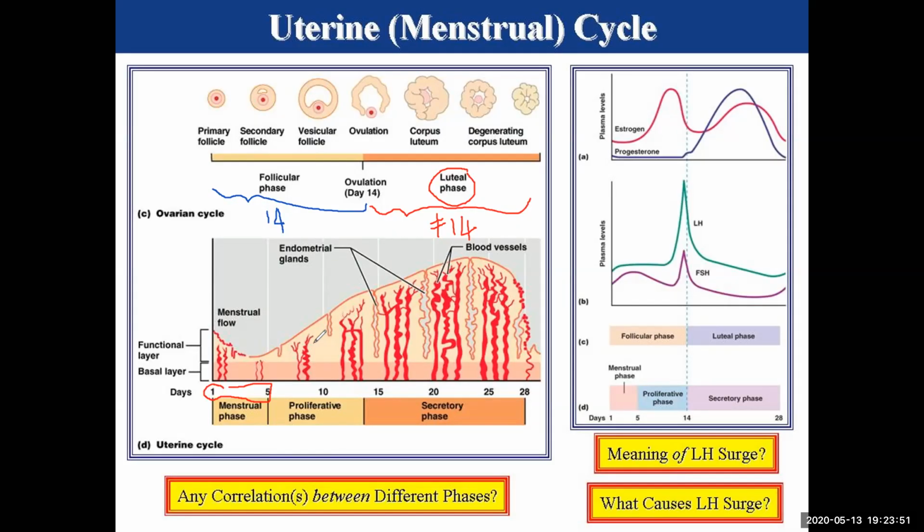And once they constrict, there's no more oxygen coming in, there's no more nutrients coming in. And the superficial layer here, the epithelial layer of the stratum functionalis, starts to die off, and starts to detach from the stratum basalis, the basal layer.